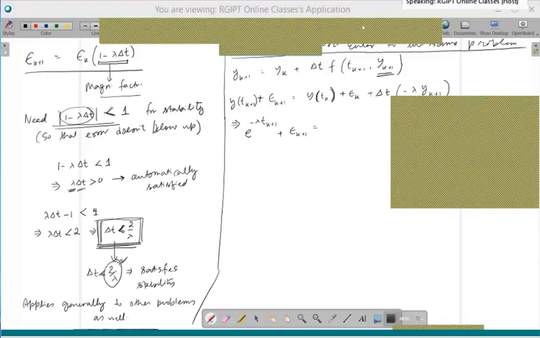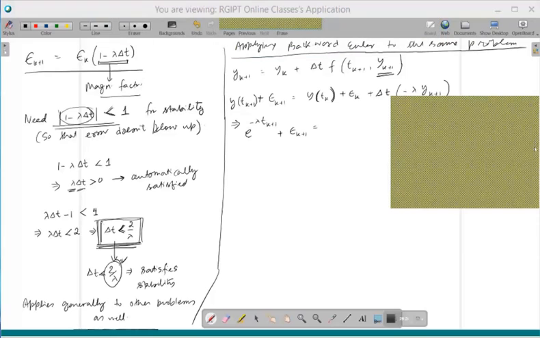Should it be y t k plus 1 minus epsilon k plus 1? Okay, these are the equations. Remember which step you were talking about, backward or forward? Backward.